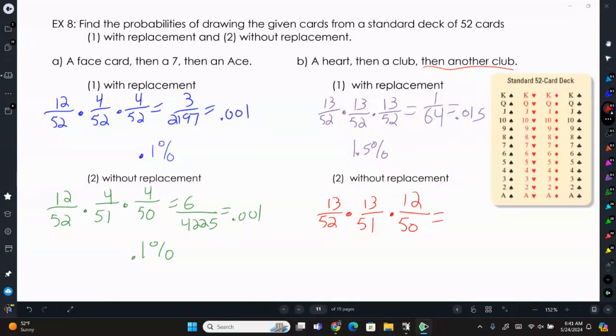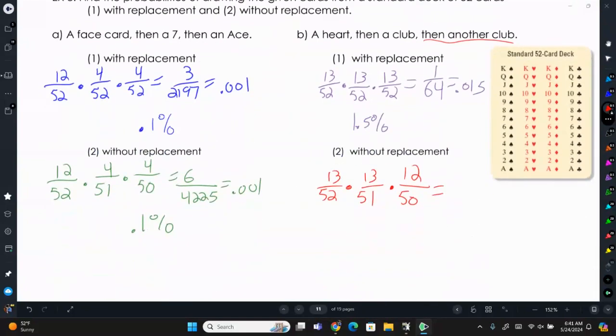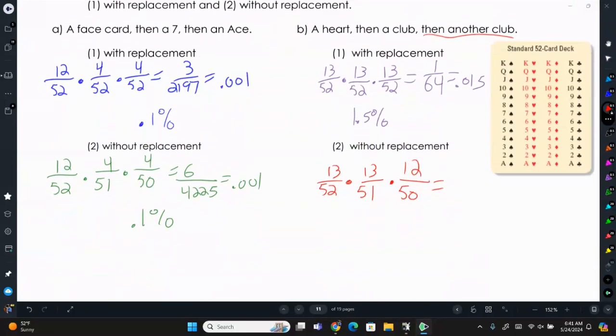So it's like that pencil problem where once we took a pink pencil, that pink pencil is now gone, and we can't pick it again, so the numerator changed. And we get 13 over 850. And then in a decimal, that's, again, 0.015, which is 1.5%. If we were doing more decimals, then we would see that the probability does change slightly without the replacements, but it doesn't change very much because there are so many cards that we can still pick from.